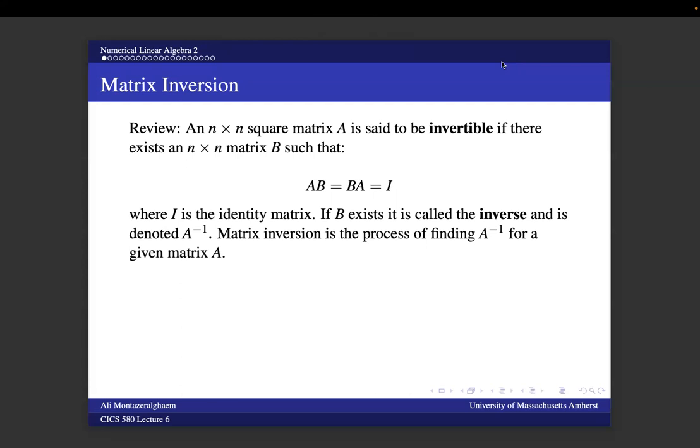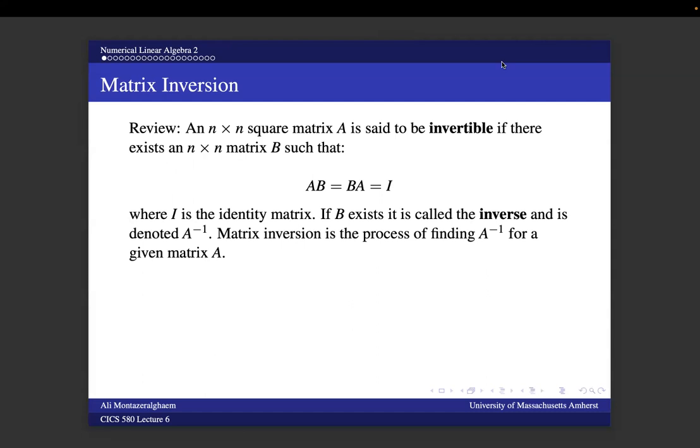Consider that we have a matrix A with n rows and n columns, and we can say that if A is invertible, then there is another matrix B with the same dimensions n by n, such that A times B is equal to B times A, which is equal to I, the identity matrix, which means that we have 1 on the diagonal elements and 0 on the other elements.